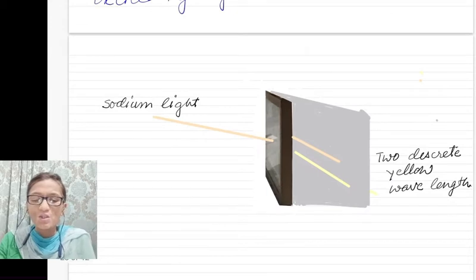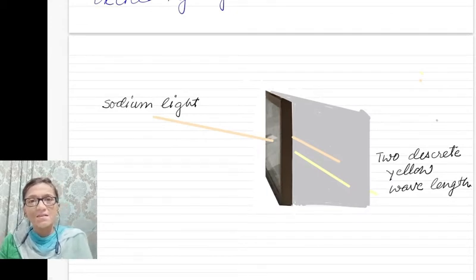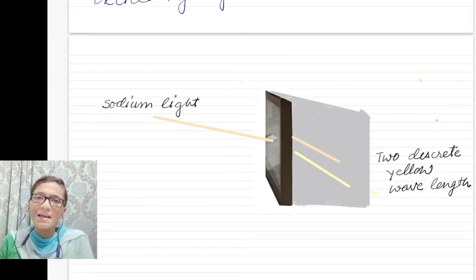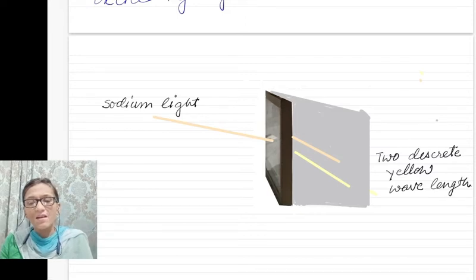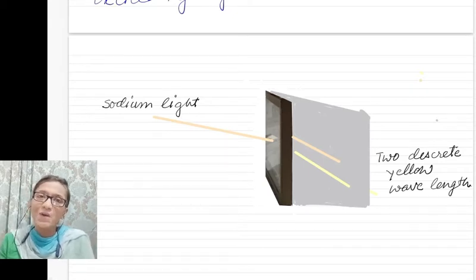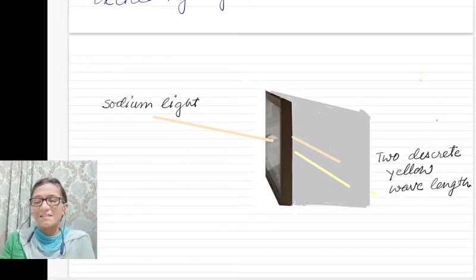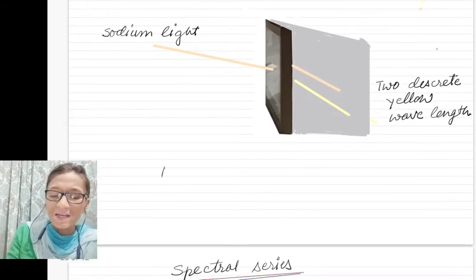Similarly, if you take sodium light from an excited sodium volume, either highly heated or with a high electric field applied on sodium gas, and the light passes through a diffraction grating, then you can see two discrete spectral lines, two discrete wavelengths. So in this way you can see that every radiation has its spectrum.